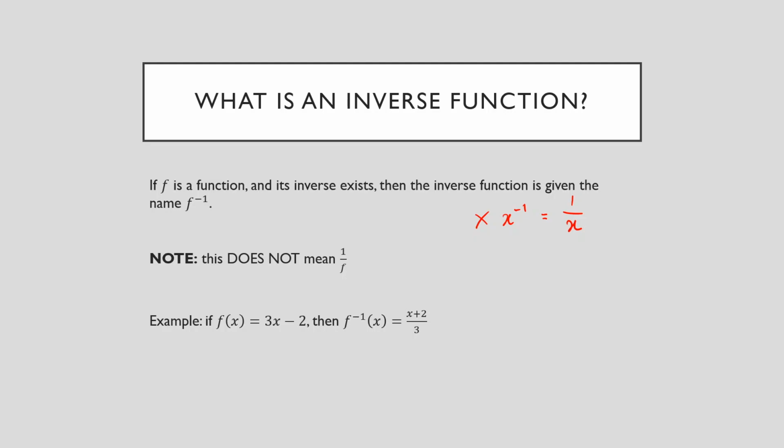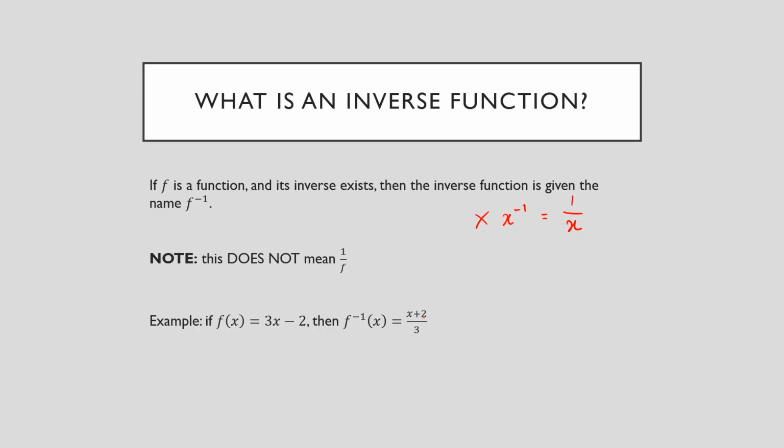The inverse function would have to undo all of those steps one at a time, starting from the last step that was performed. So if I had a last step of subtract 2, then the first step for my inverse function would have to be to add 2. That's indicated by what's going on up here in the numerator. So I give some input x, and to undo this subtraction by 2, which was the last step of our function f, I then have to add 2.